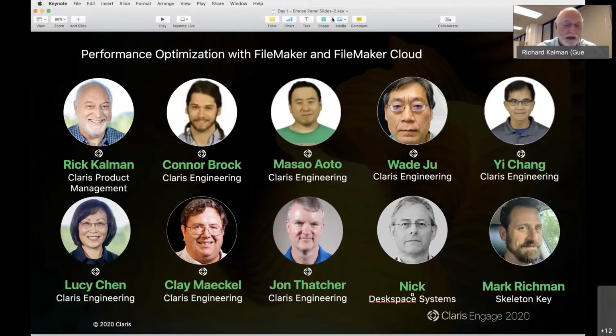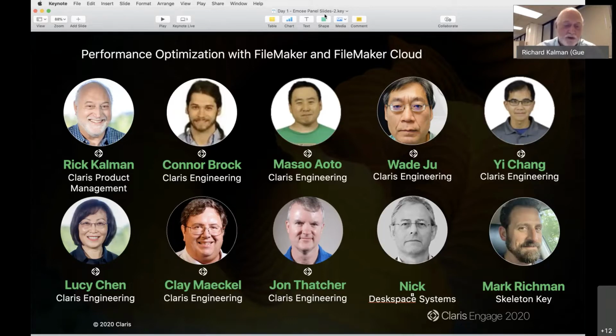Joining me on the panel are Mark Richman from Skeleton Key, Nick Lightbody of Deskspace Systems Limited, and from Claris we have Lucy Chen, who's our VP of Engineering for the FileMaker platform, along with the best of our FileMaker and server resources. Clay Makel, who is our Chief FileMaker Architect. Guest star, John Thatcher, one of our original server architects, is joining us.